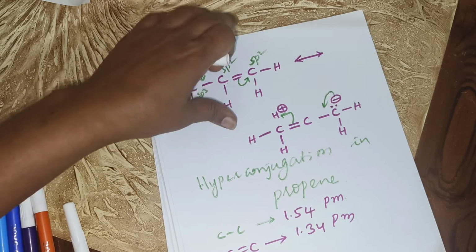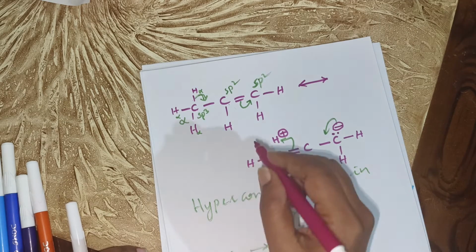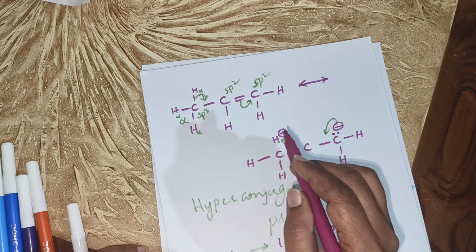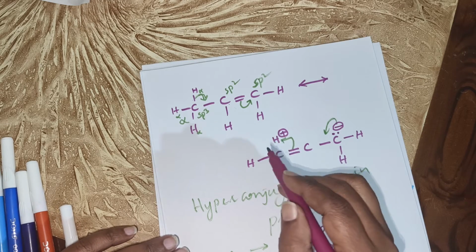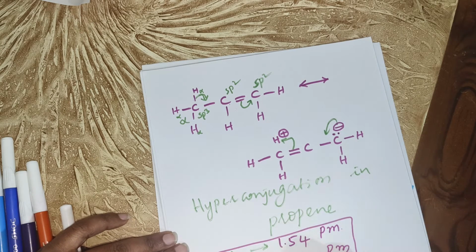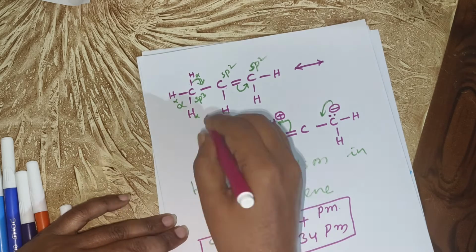But the C-C bond lengths in propene, how much is observed? Both C-C bond lengths are equal here, and that is 1.48. Actually, these are ideal values, but in propene, this is the propene molecule.